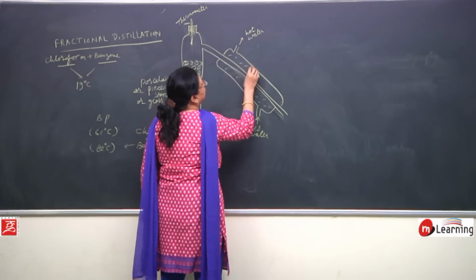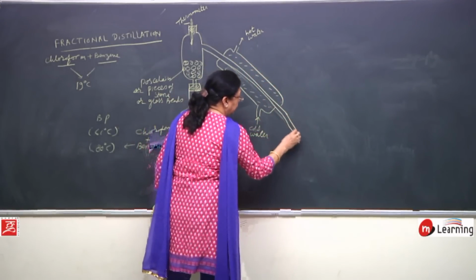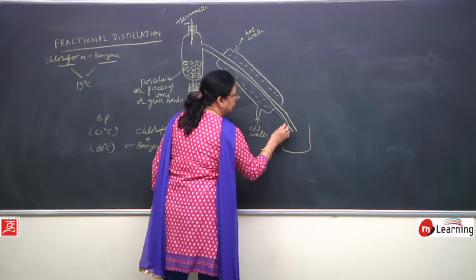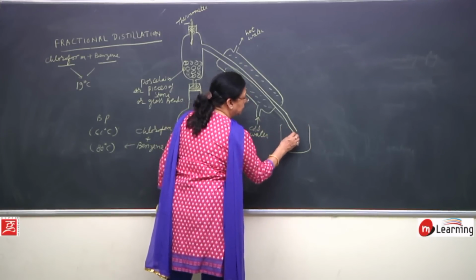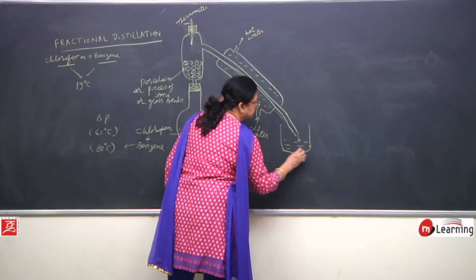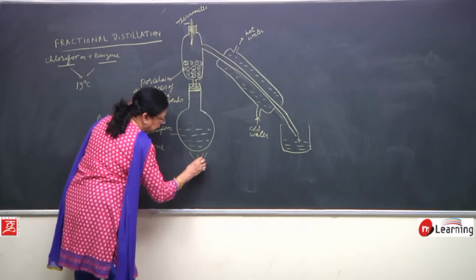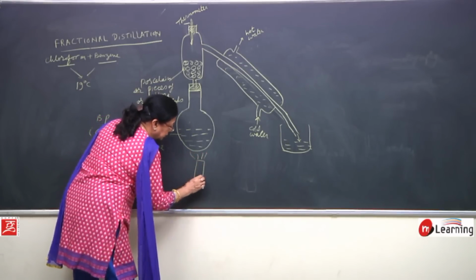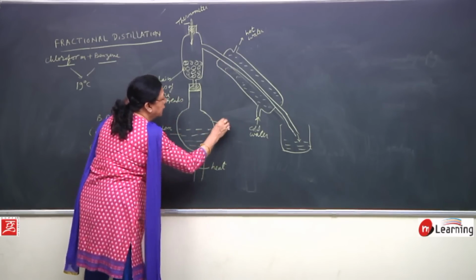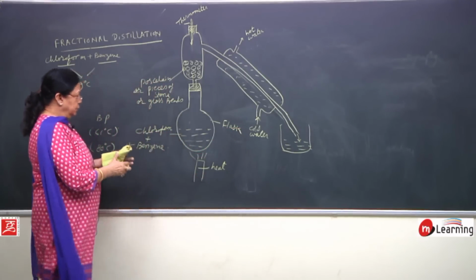This is all water, and here there is a beaker for collection of one of the components. This is the flask.